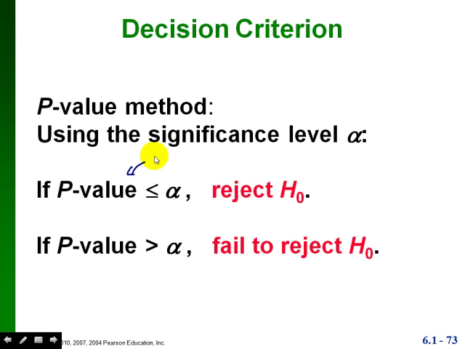So this is with a smaller p-value. If our p-value is larger than alpha, then we fail to reject. And again, this is because what we're looking at is what's the probability that a result like this would just happen by chance. If that probability is very small, then we have to assume that it didn't just happen by chance.